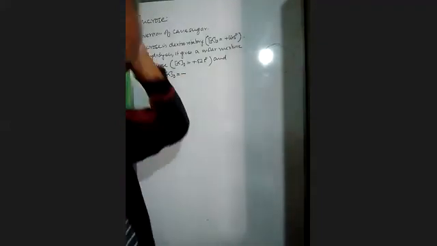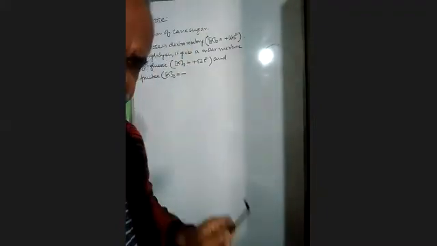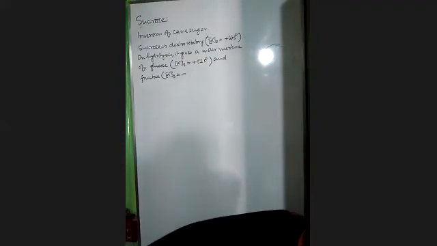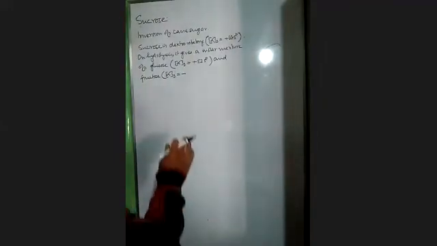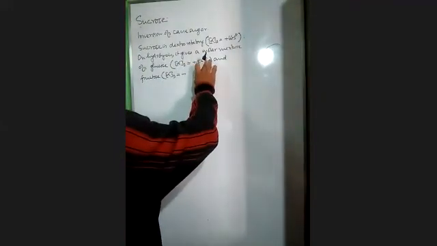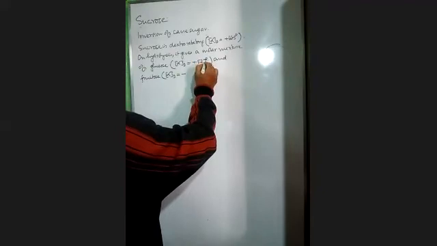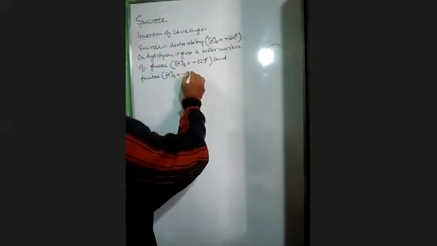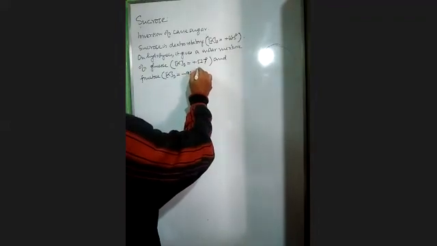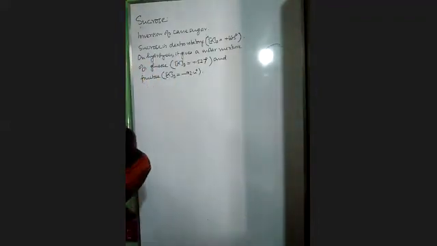How much? 92 point something. Let me check. 92.4. Okay, now let me correct it. Sorry, dear. 52.7 and minus 92.4 degree.